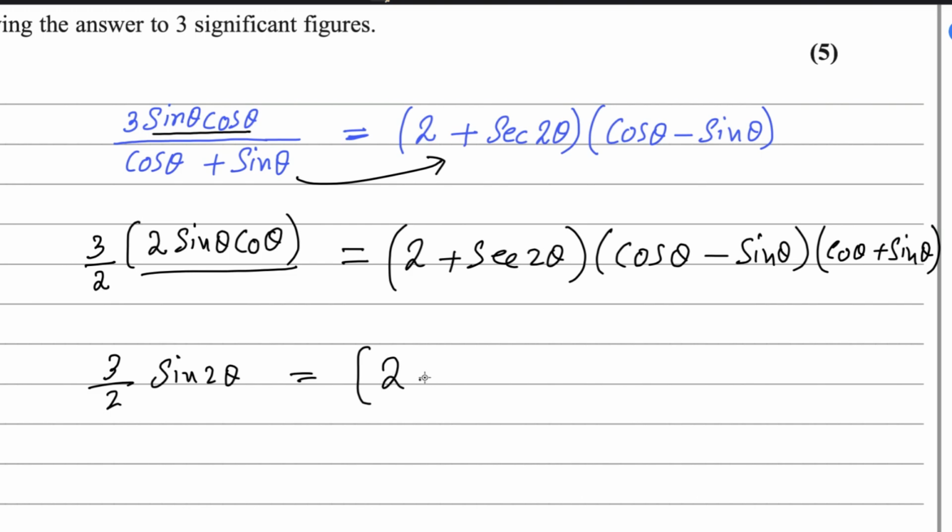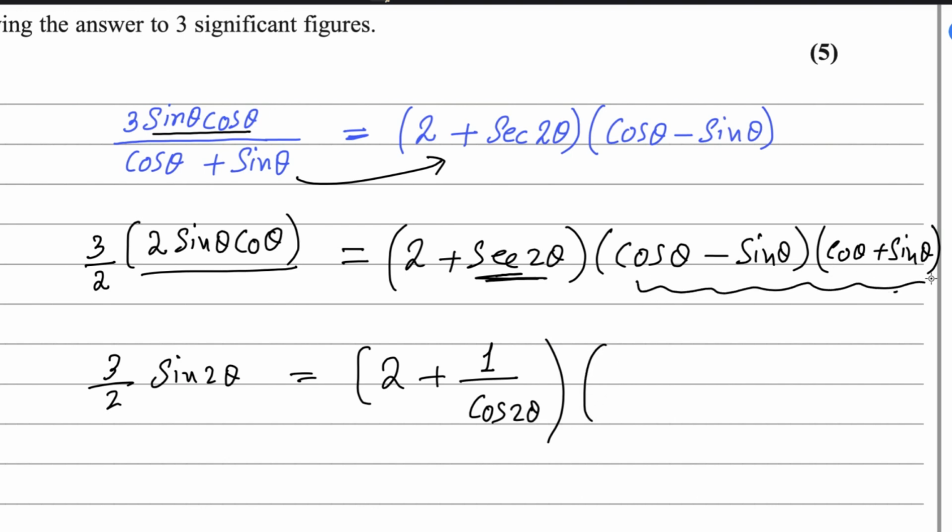And here 2 plus secant 2 theta can be converted, because secant is the reciprocal of cosine, so secant 2 theta will be 1 over cosine 2 theta. And this one is the formula for the difference of two squares: a plus b and a minus b equals a square minus b square. So we can write it as cosine square theta minus sine square theta. Hopefully you understand this step.